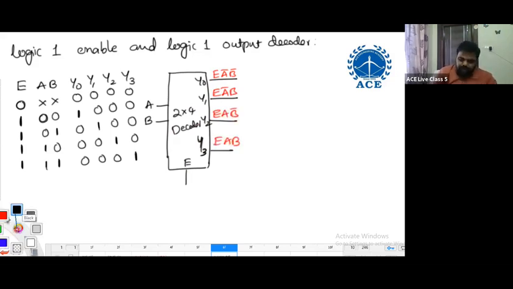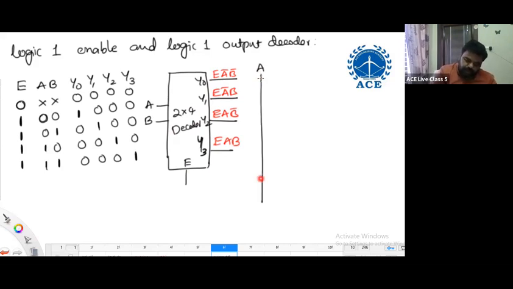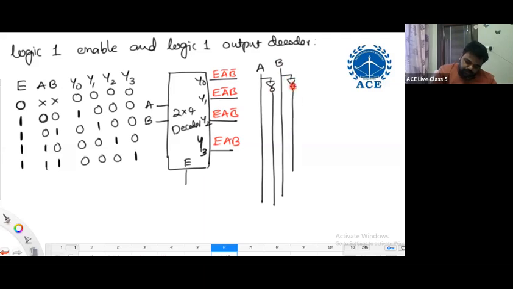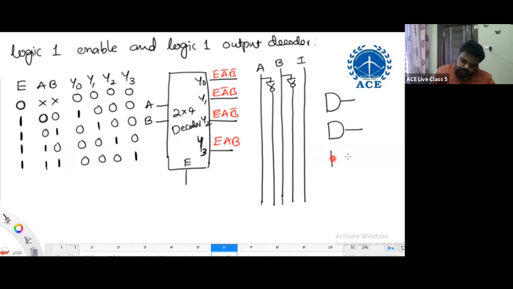If it is required to write the circuit also, let me complete that circuit implementation. A bar, B bar, and also E. Now here we have 4 AND gates, with outputs Y0, Y1, Y2, Y3.